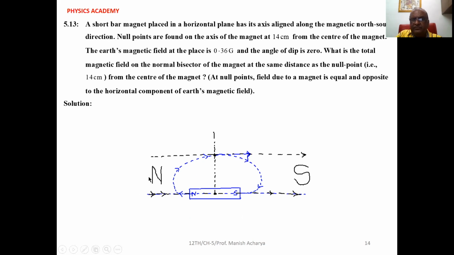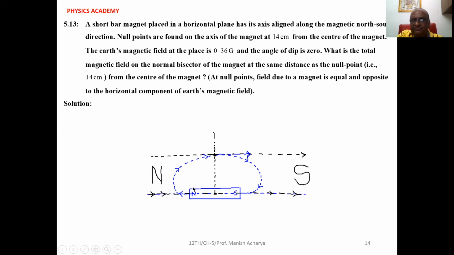Okay, so this one is the north pole of the external magnetic field. This one is the south pole of the external magnetic field. And the null point is found on the axis of the magnet.